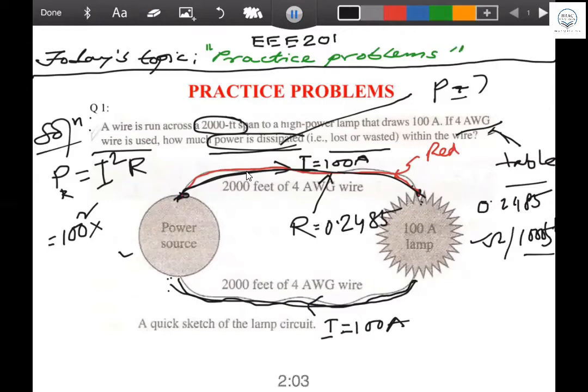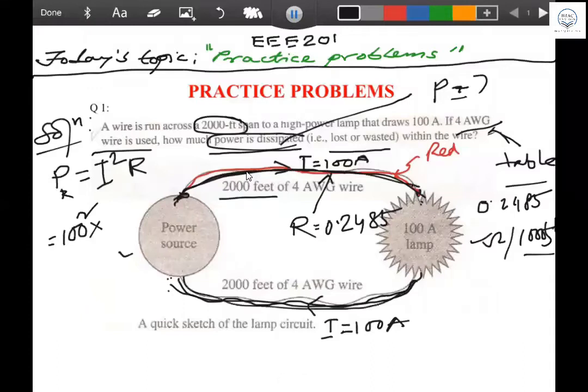I think this is the mistake your friend made in his calculation. You considered 2000 feet as the length of the wire, but actually, just now one of your friends said times 4. Why times 4? It's not times 2, because the current travels 2000 feet here and another 2000 feet here.